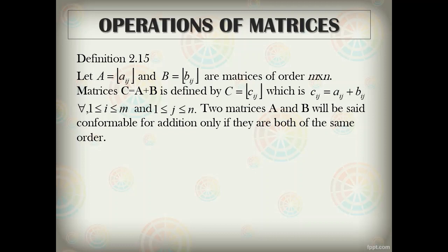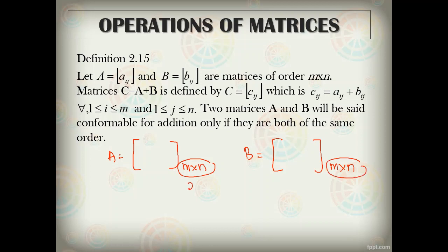The addition and subtraction of two matrices can only be performed whenever the orders of the two matrices are equal. So you must make sure that matrix A has m times n, to add with matrix B, it must have m times n. So they must have equal order.